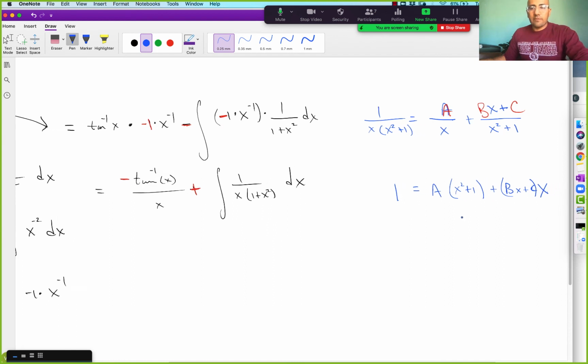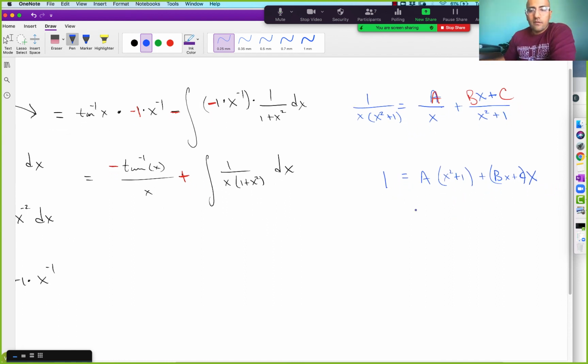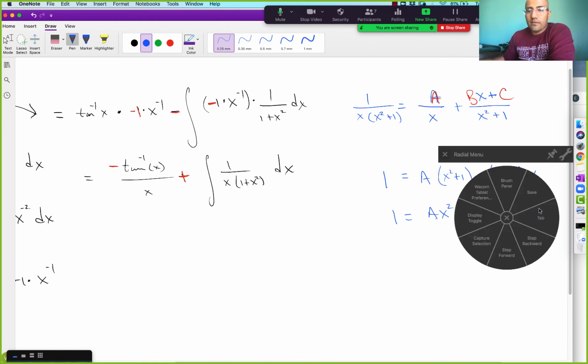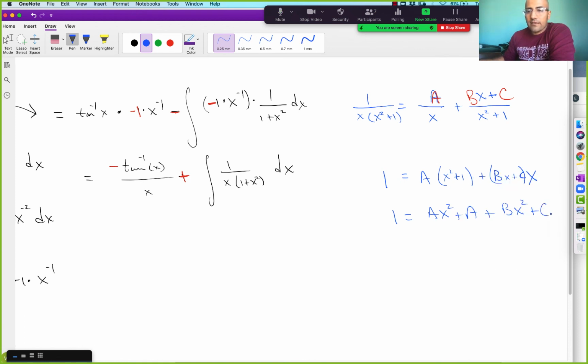Is that okay? I'm kind of skipping a few steps. This is a x squared plus a plus bx squared plus cx. Good.